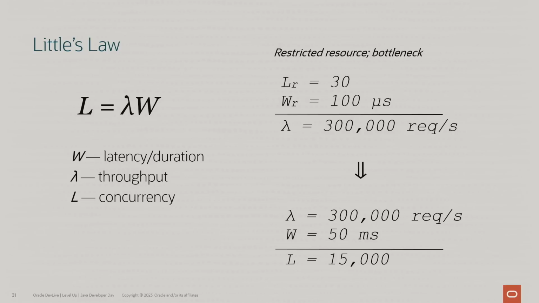Let's say we have some restricted resource in our system. It's our first bottleneck, our first resource. We don't meet any other bottlenecks before we get stuck on that. And the concurrency for that resource is 30. It could be just 30 cores for our application. It could be a limit of connections to databases of 30.